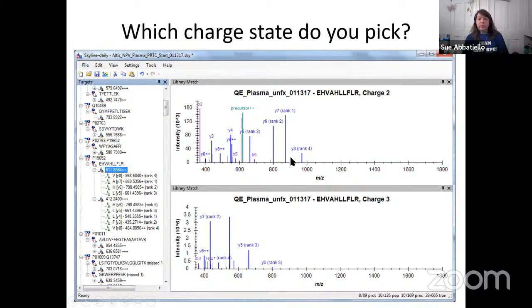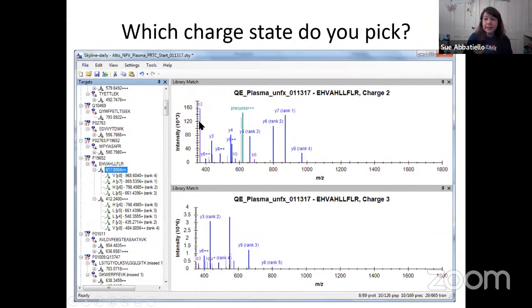So to guide you through some of the hiccups, or things where you're like, oh, this is my first time doing this, I don't know what to do, this just walks through some examples in Skyline of data that we generated, and we're looking at the MSMS spectrum.